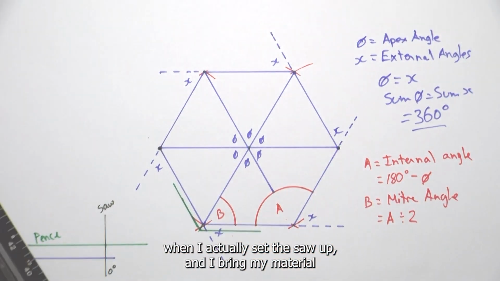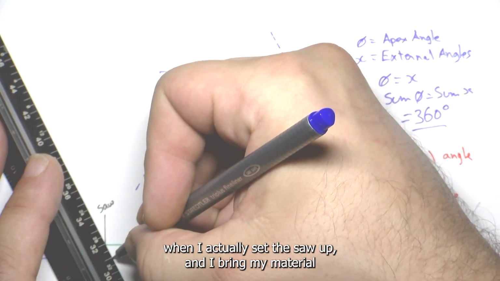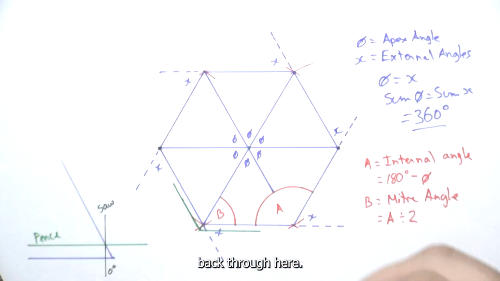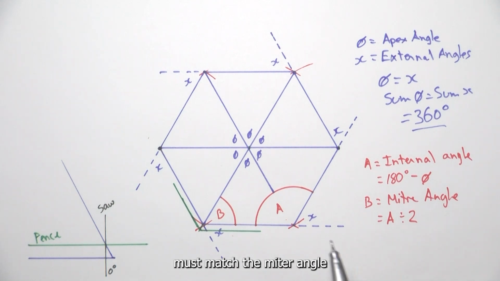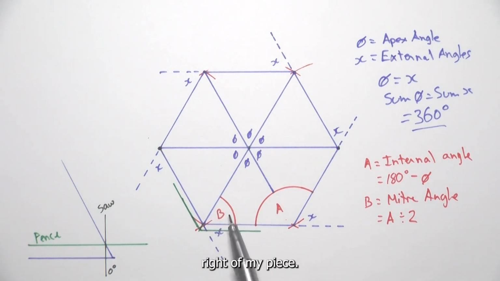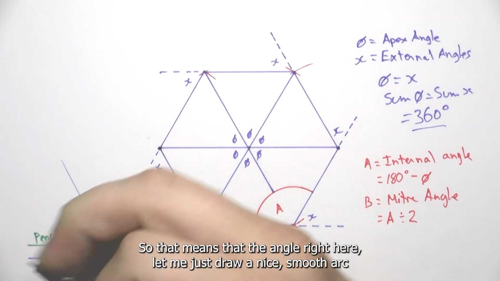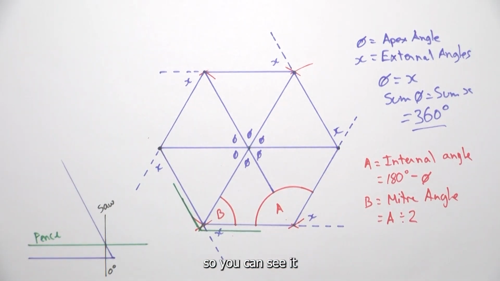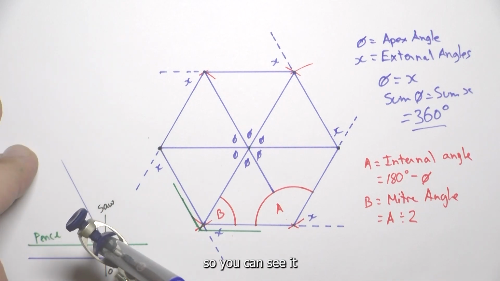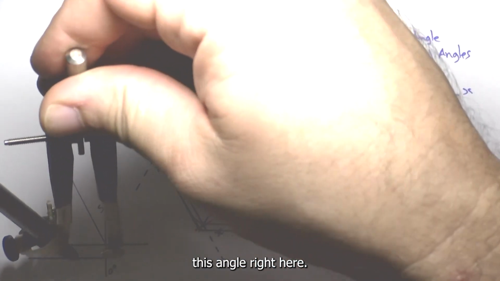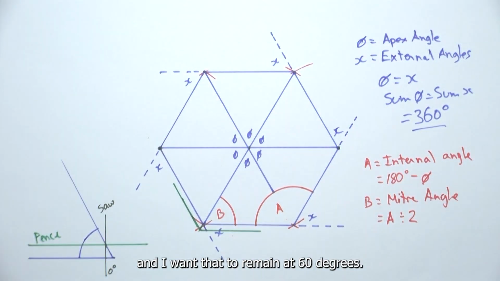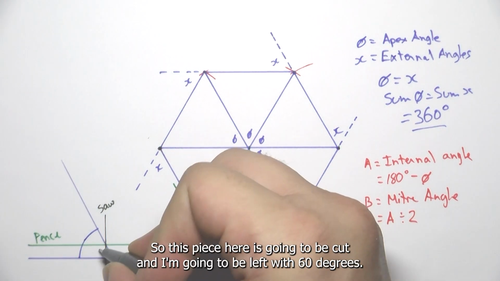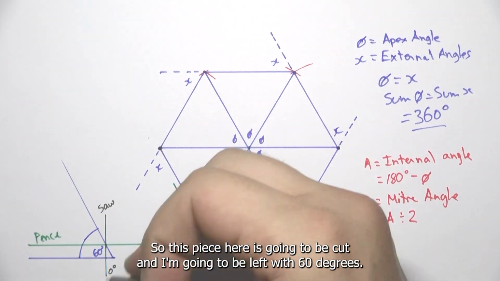When I actually set the saw up and I bring my material back through here, this angle here must match the mitre angle of my piece. So that means that the angle right here, let me just draw a nice smooth arc so we can see it, this angle right here that I'm left with is my mitre angle, and I want that to remain at 60 degrees, right?